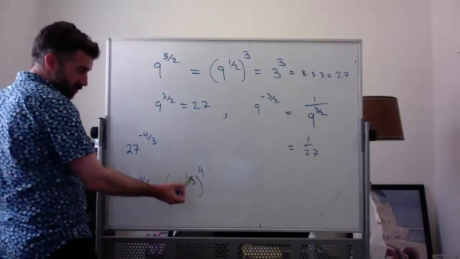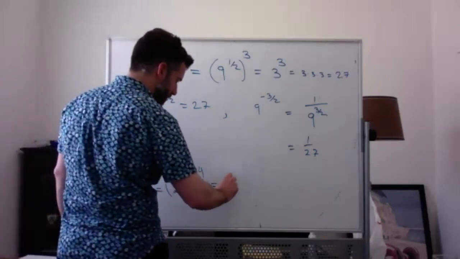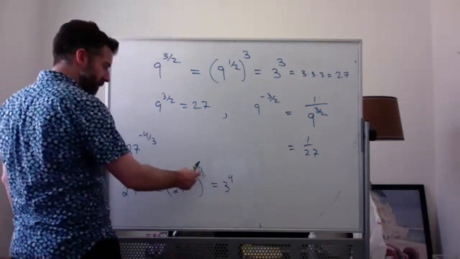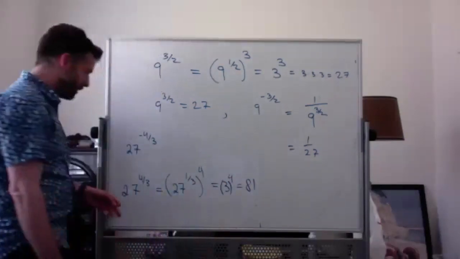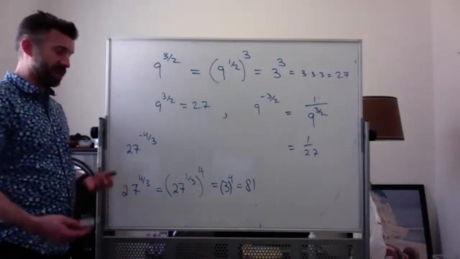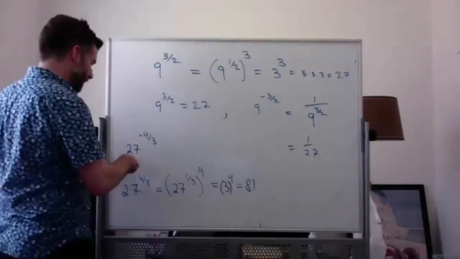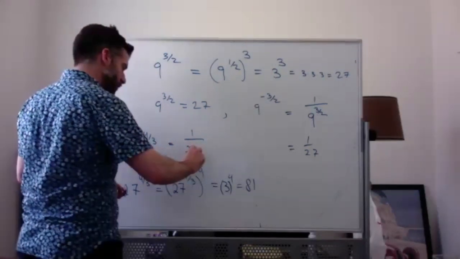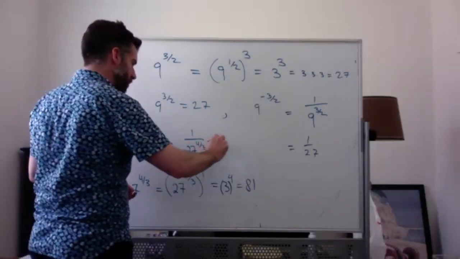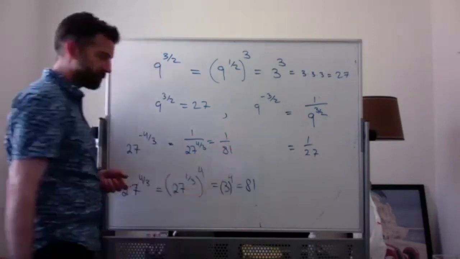The cube root of 27 is 3. 3 to the 4th is equal to 81. So if 27 to the positive 4/3 is equal to 81, 27 to the negative 4/3 is 1 over 27 to the 4/3, which is 1 over 81.